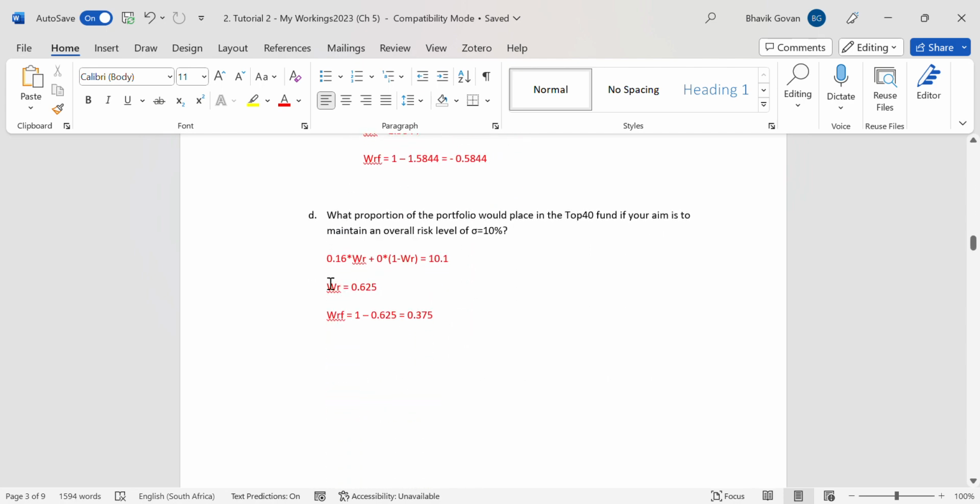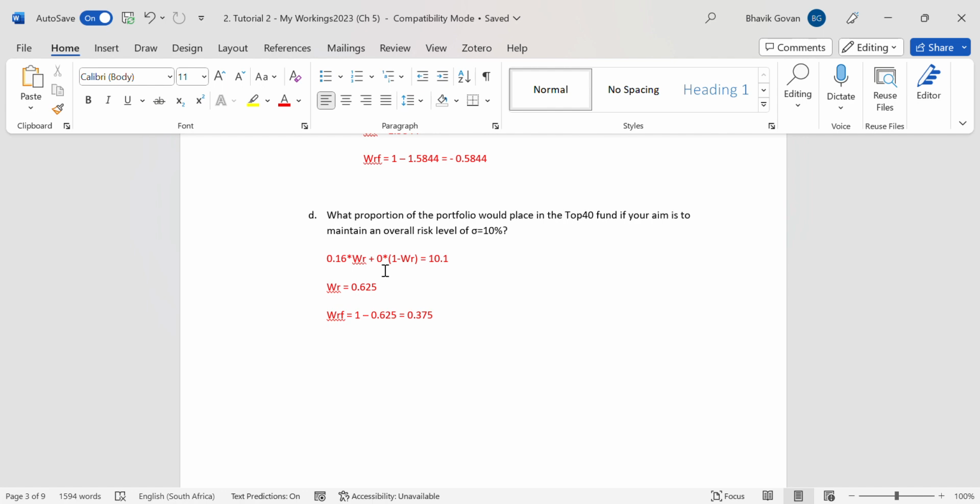Okay. So what proportion of the portfolio would you place in the top 40 fund if your aim is to maintain an overall risk level of 10%? So we'll say 16% times the weight in the risky portfolio plus 0 times 1 minus the weight in the risky portfolio, which is equal to 10%.